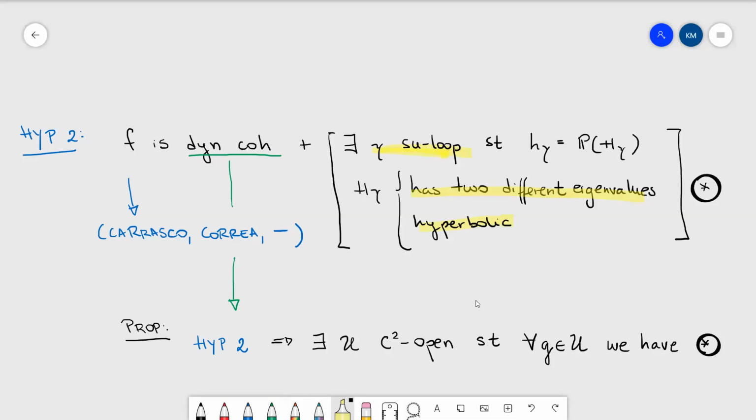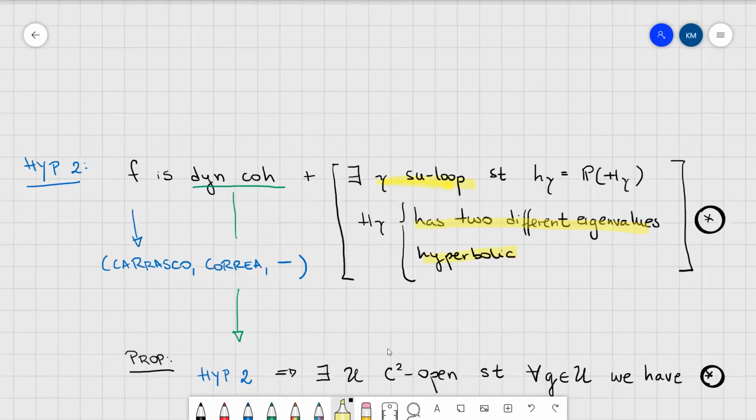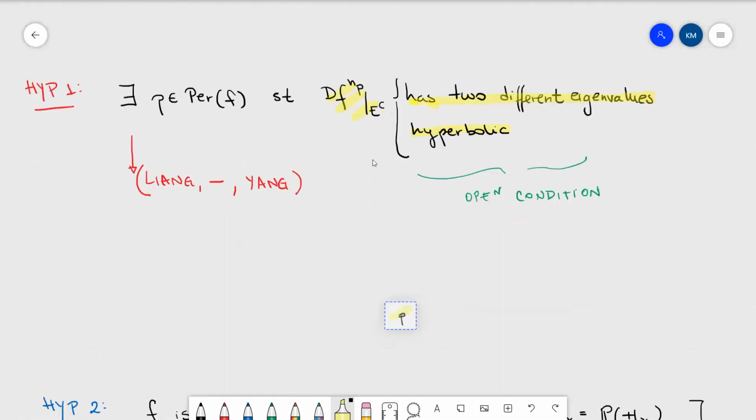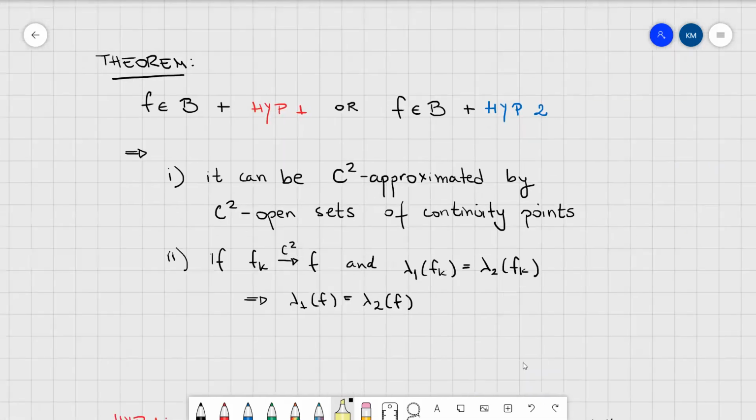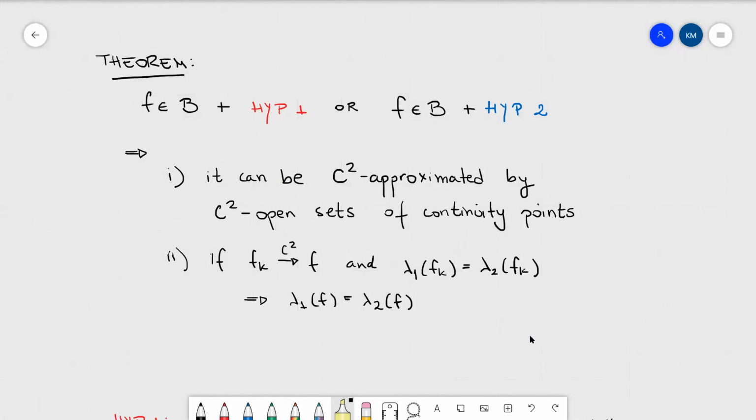So this is a joint work with Pablo Carrasco and Javier Correa. And what we prove is that with this condition, when I have my map F, we need to ask for dynamical coherence, but SU loops that are hyperbolic also provide a positive partial answer to the conjectures.